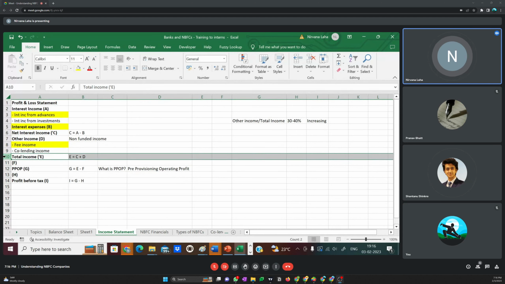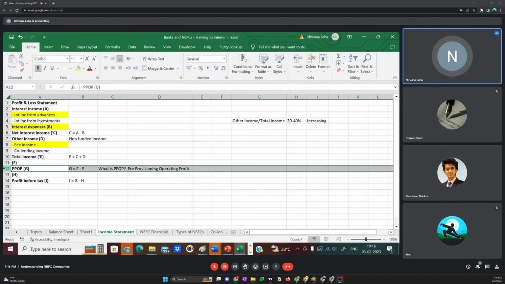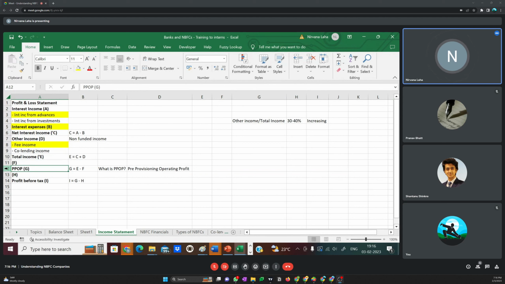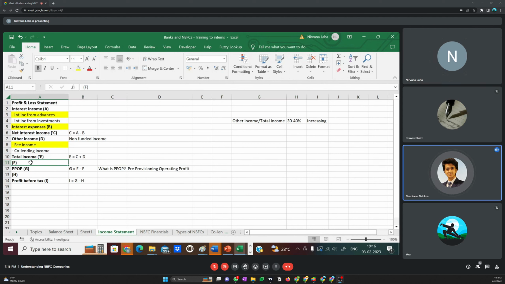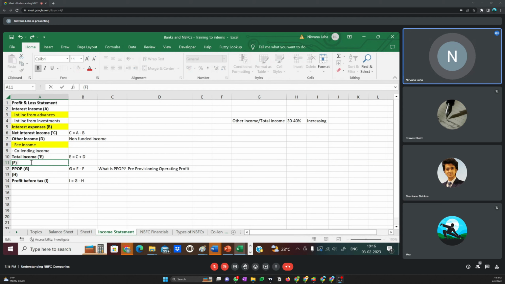Now from total income, if you have to go to pre-provisioning operating profit, it means when you reach PPOP, you have not subtracted the provisions, because it's pre-provisioning. So what item will you subtract here to reach PPOP? Not total expenses, Shantanu, it's operating expenses, because total expenses will have even provisions in it.